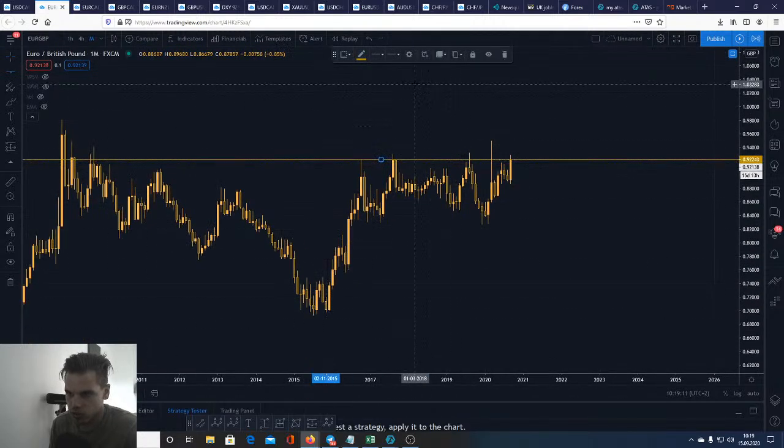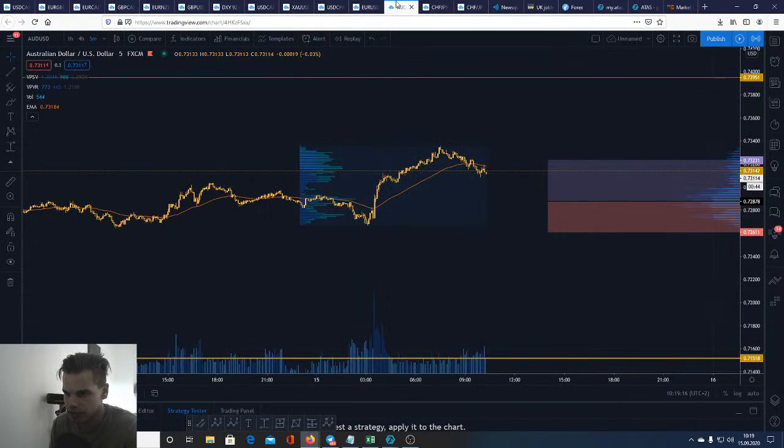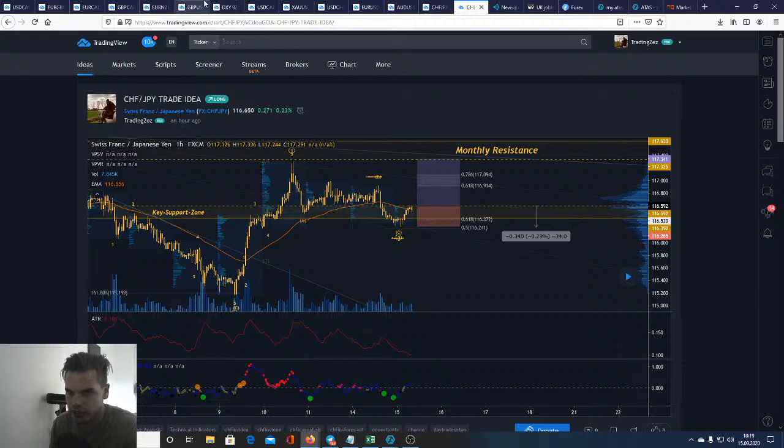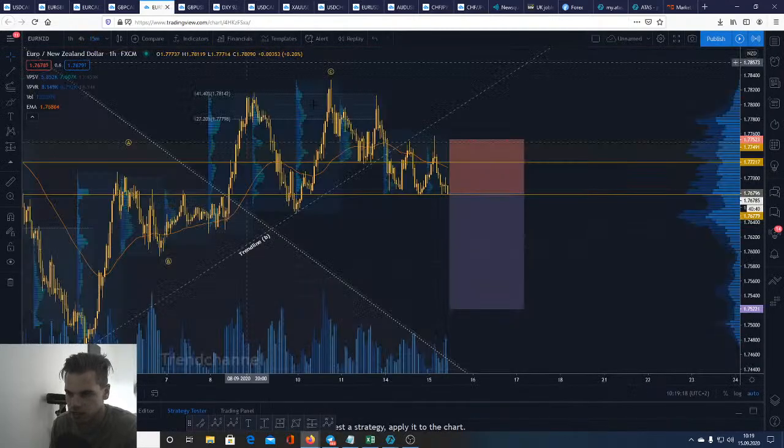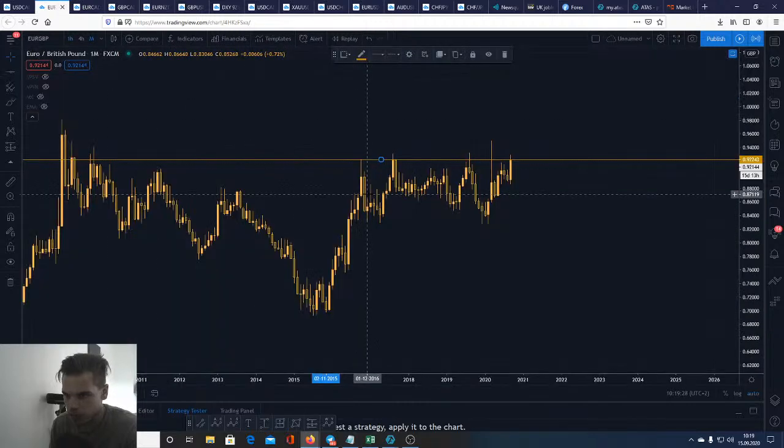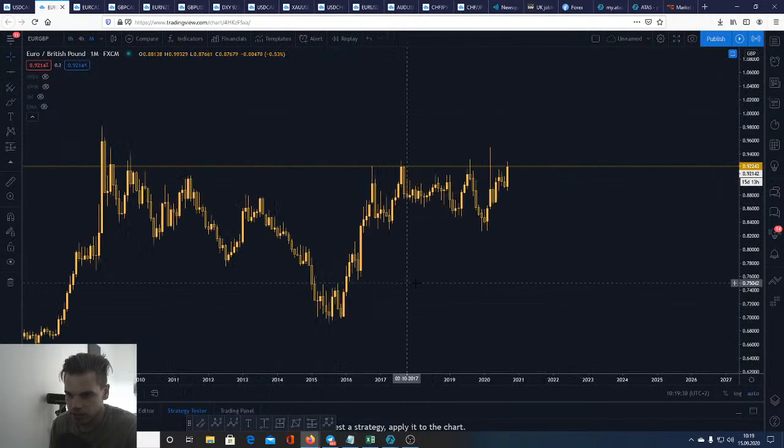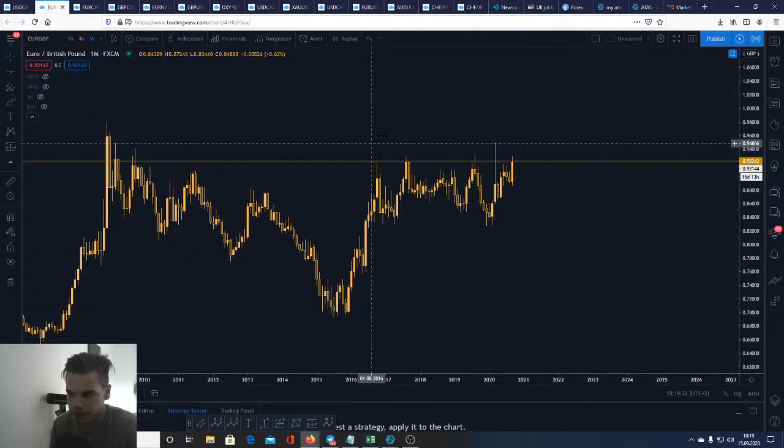What I prefer to do is to avoid trading major pairs ahead of monetary policy meetings. So cross pairs can be way more attractive then. But look, it's a very strong resistance area.